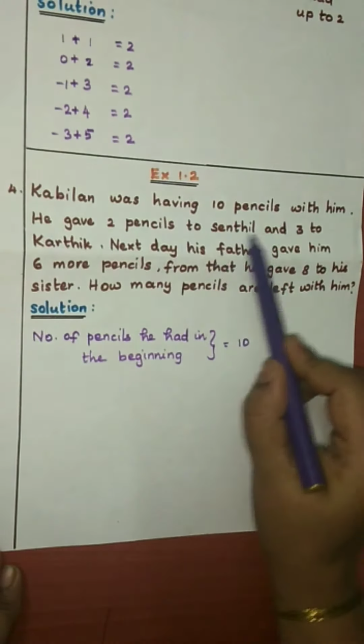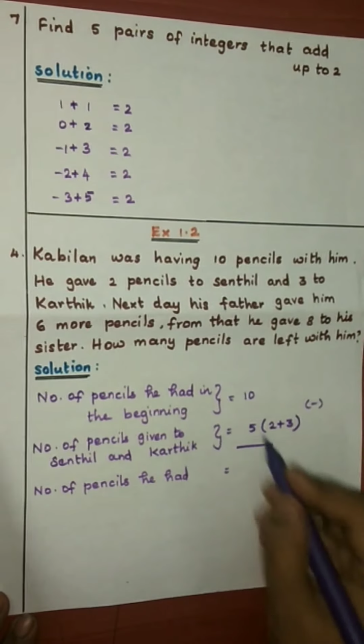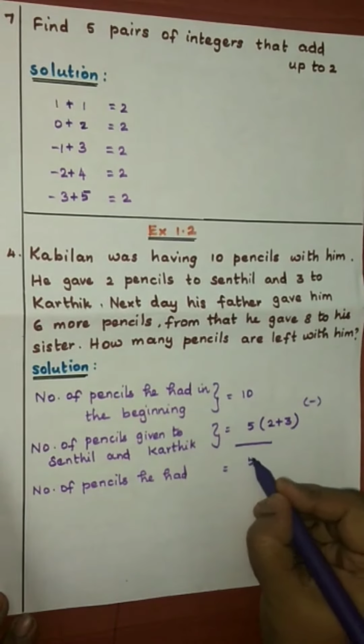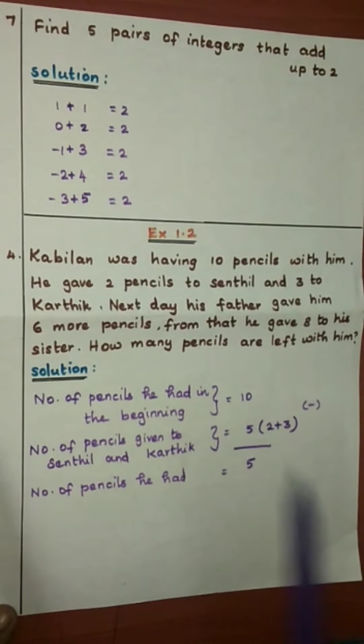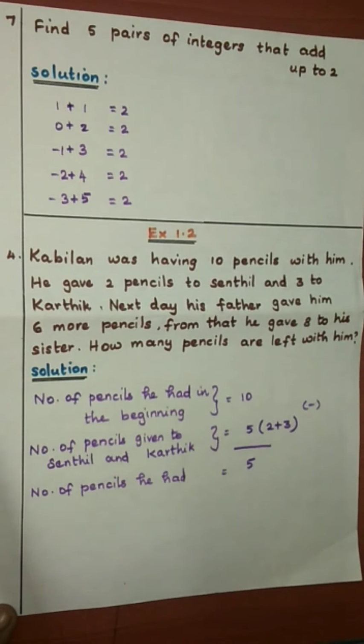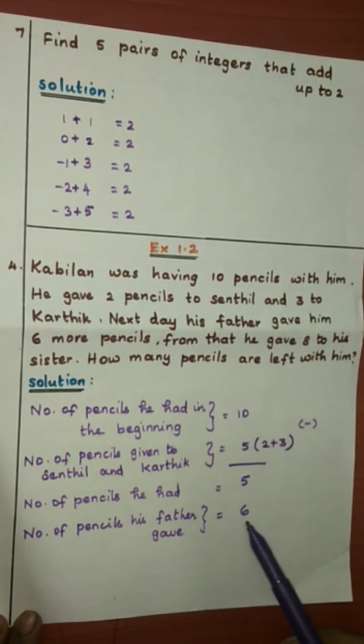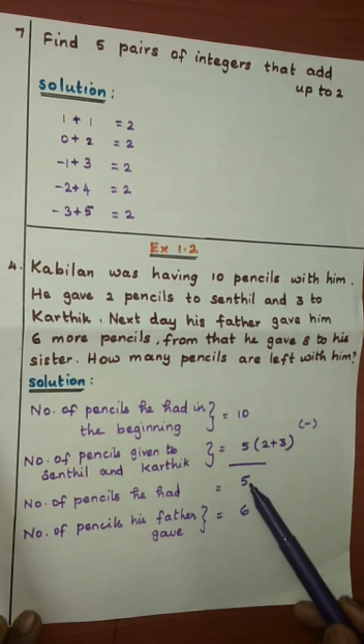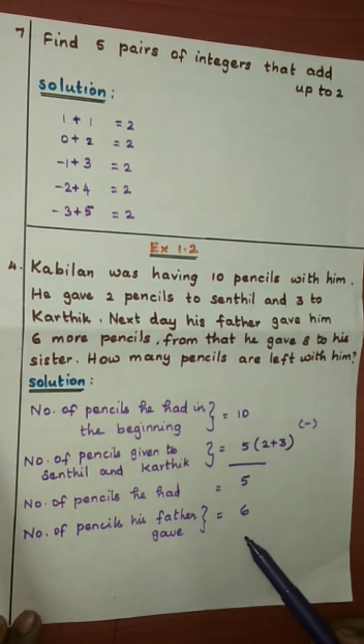After giving 5 pencils to Sendil and Karthik, how many pencils did he have? Subtract 10 minus 5, 5. How many pencils did his father give? 6 pencils. So after getting 6 pencils from his father, how many pencils did he have? 5 plus 6, 11 pencils he had.